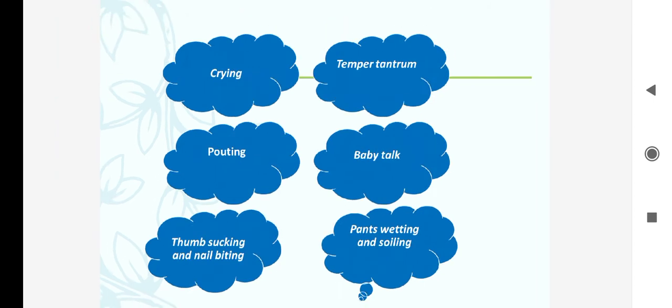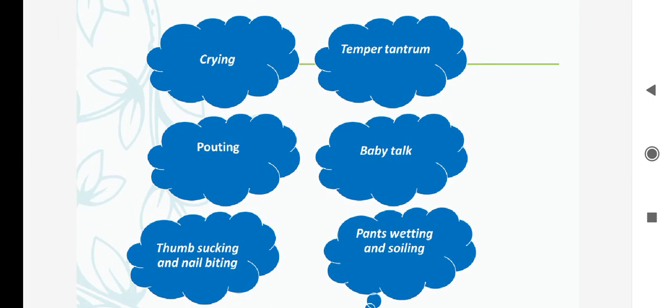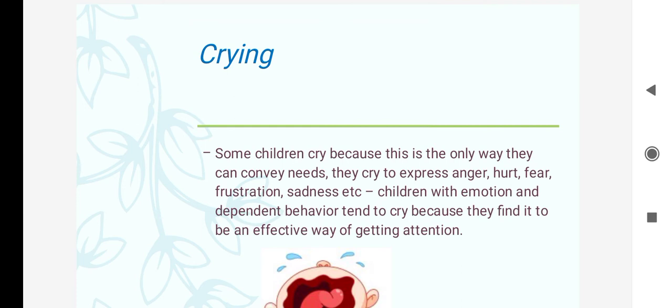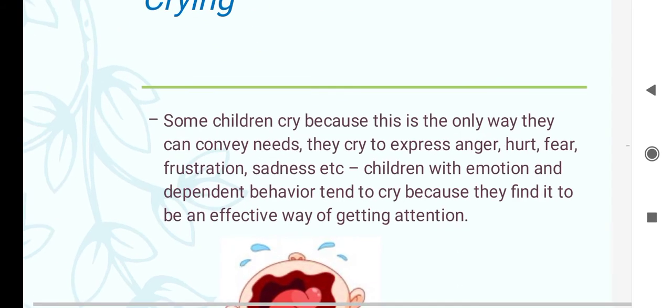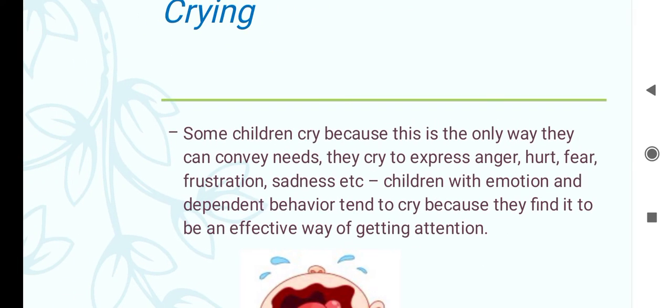All right, because that will cause extra job for the teachers, who need to handle the basic dependence behavior. All right, so let us discuss the first dependent behavior, which is crying.